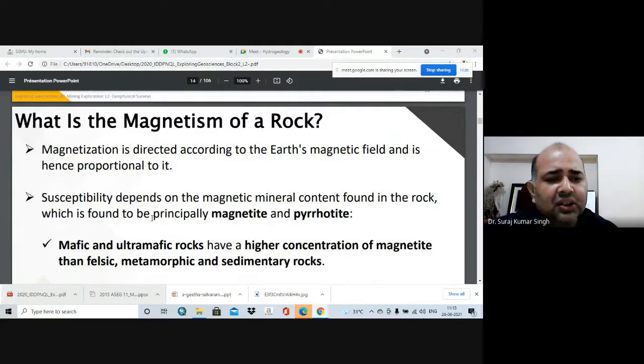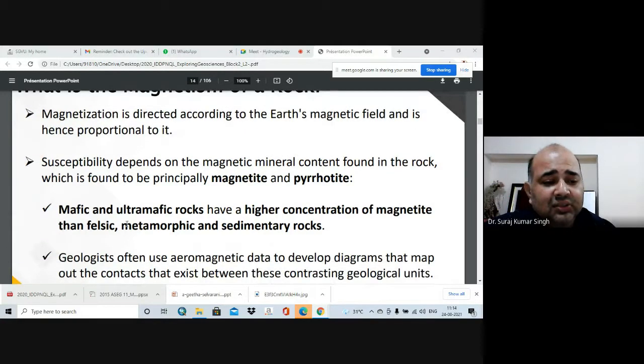When you are talking about the magnetism of a rock, magnetization is directly according to the earth's magnetic field and is proportional to it. So we are talking about the magnetic properties of the various ores and rocks present in that area, whether mafic or ultramafic rocks, which have a higher concentration of magnetite than felsic, metamorphic, and sedimentary rock.